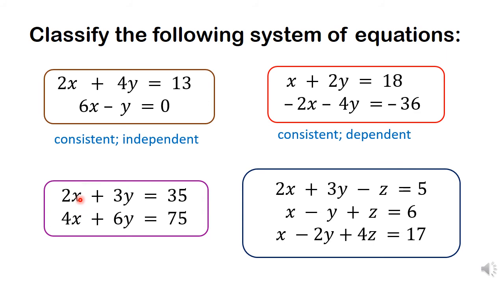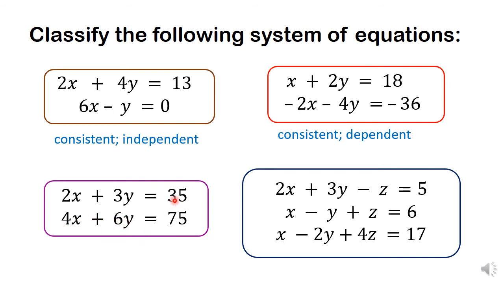We have 2 and then 4. Tapos coefficient dito, from 3 naging 6. 35, 75. Notice that the coefficients of x are related. Coefficients of y are related. Na-multiply lang tong coefficients na to by 2 to arrive at the coefficients of x and y of the second equation.